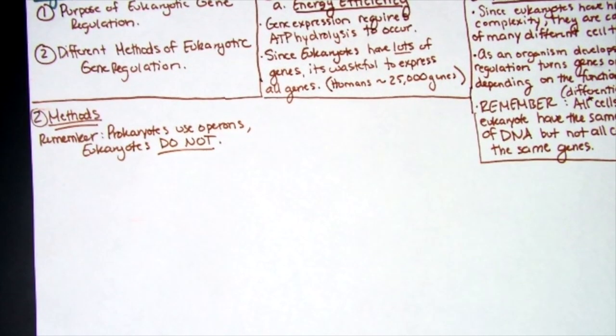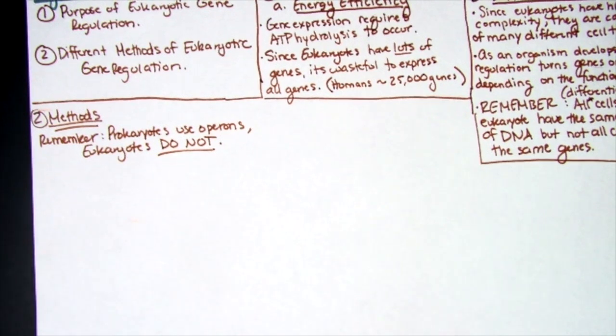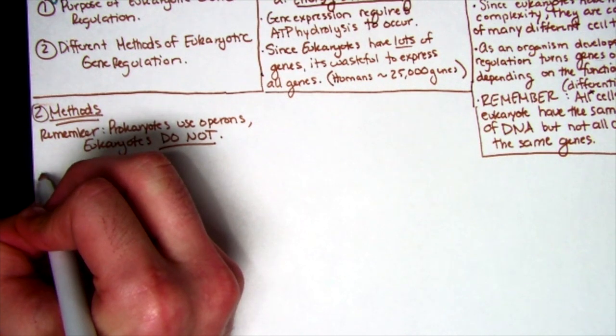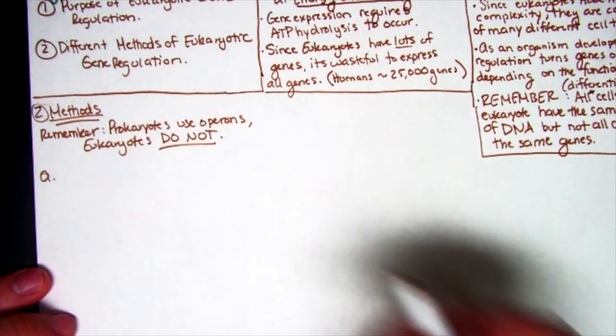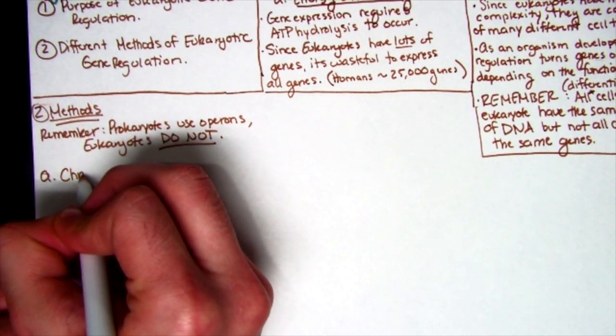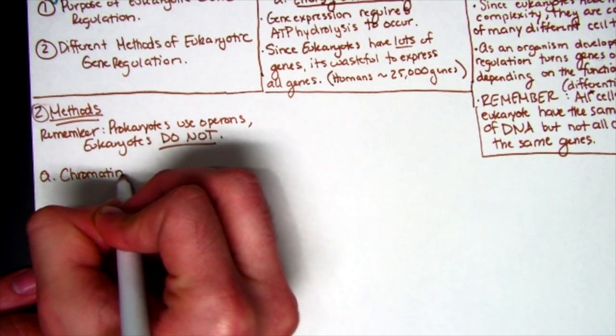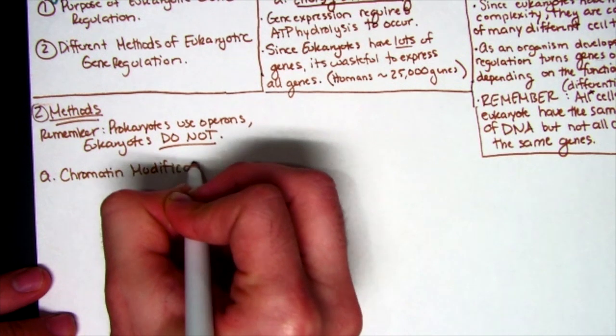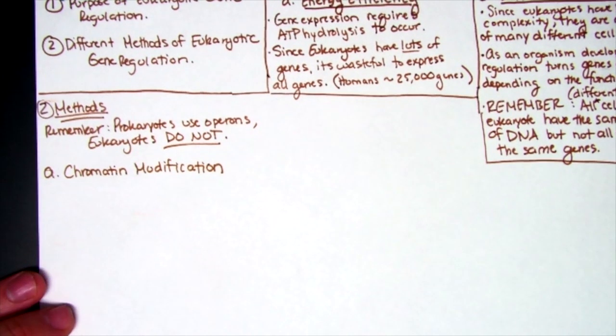So I'm going to tell you about 3. There's 3 major ones that we need to be familiar with of how genes get regulated. So method 1 is chromatin modification. Chromatin modification.